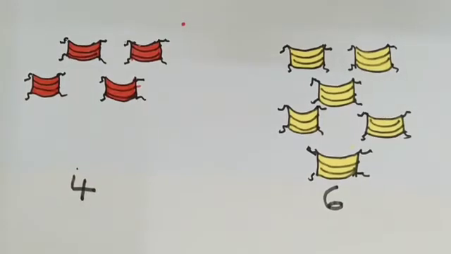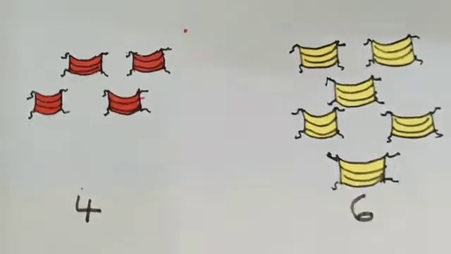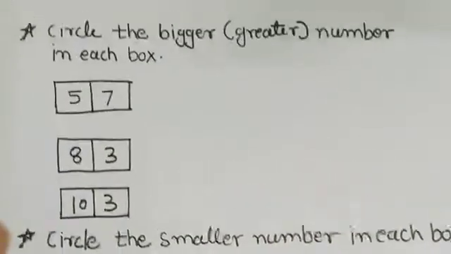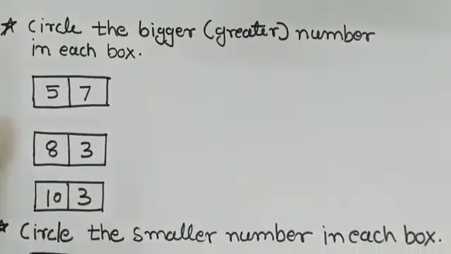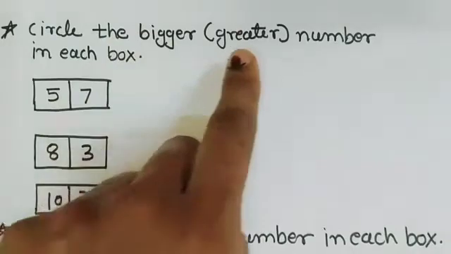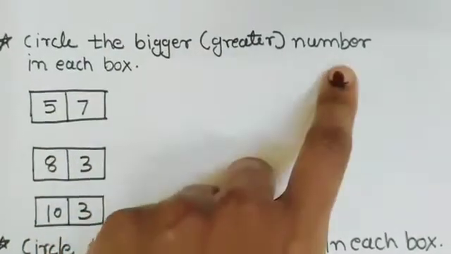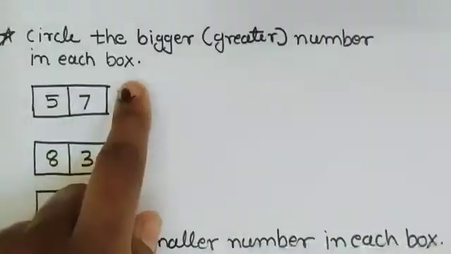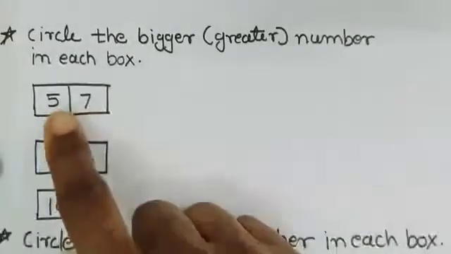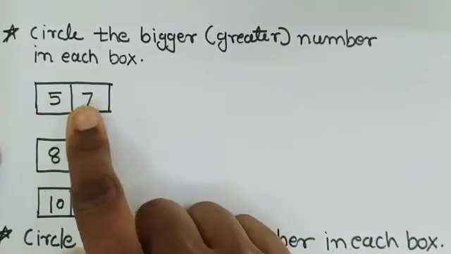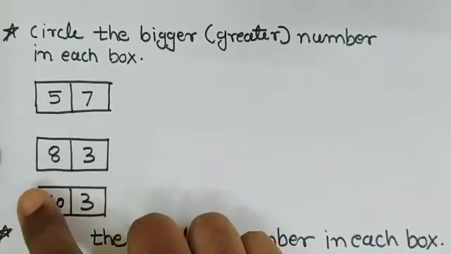Let us see with some example here. Here they have given: circle the bigger or greater number in each box. Means here they have given two numbers in each question.